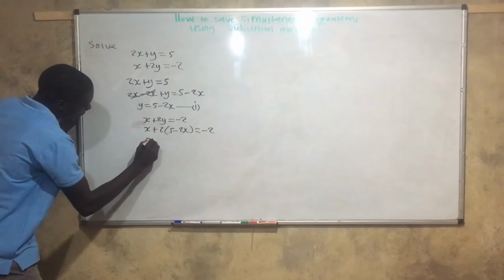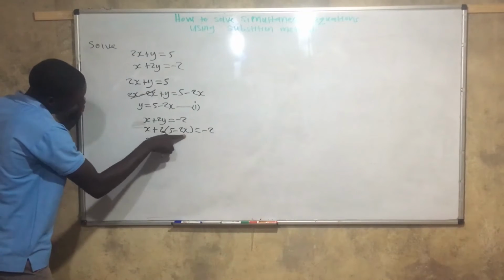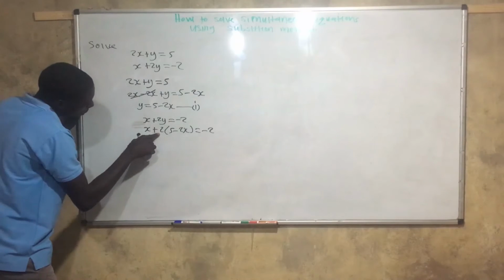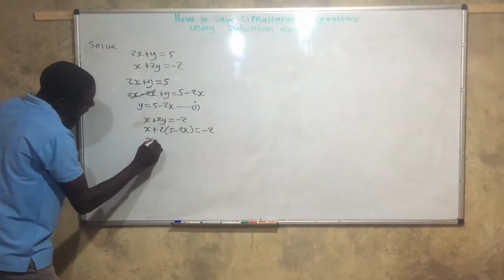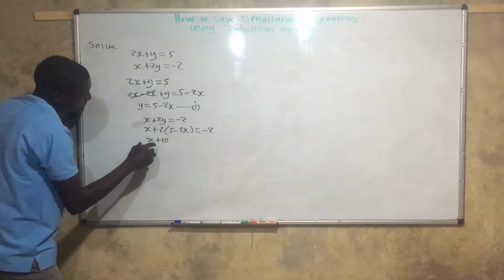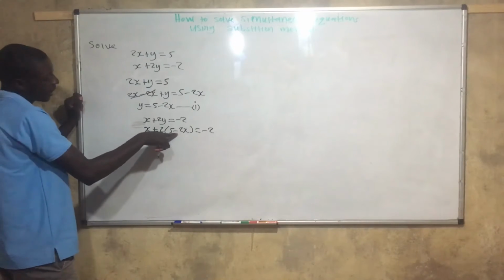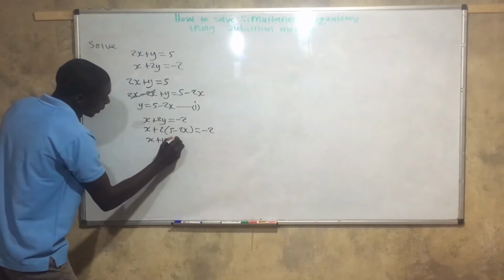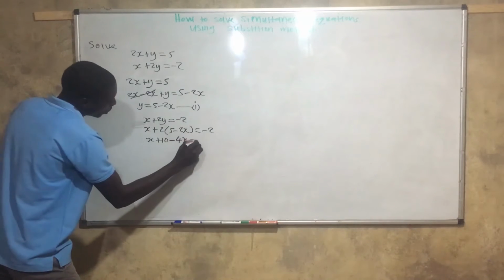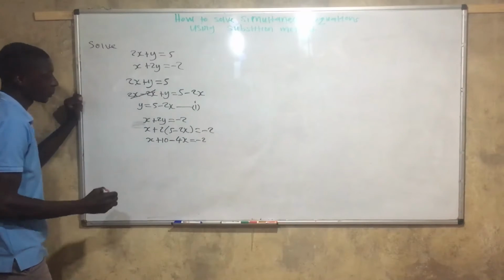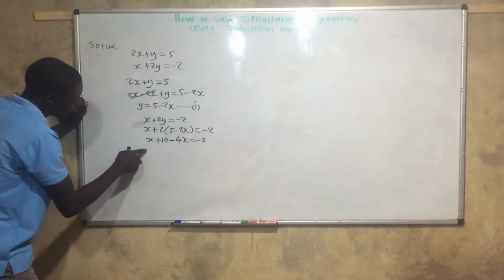So it will be x. We expand this. Positive 2 multiplied by positive 5 is positive 10. Positive 2 multiplied by negative 2x is negative 4x, is equal to negative 2. Then we can collect the like terms.